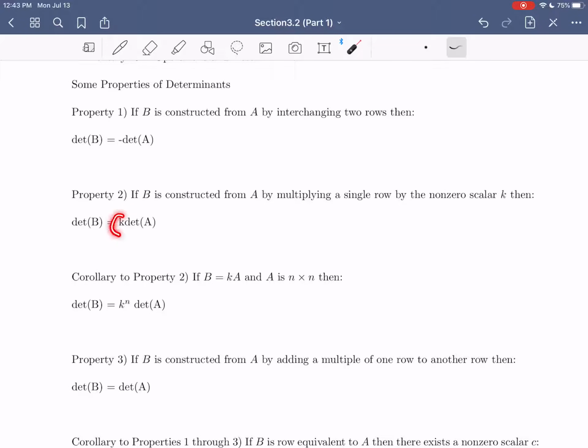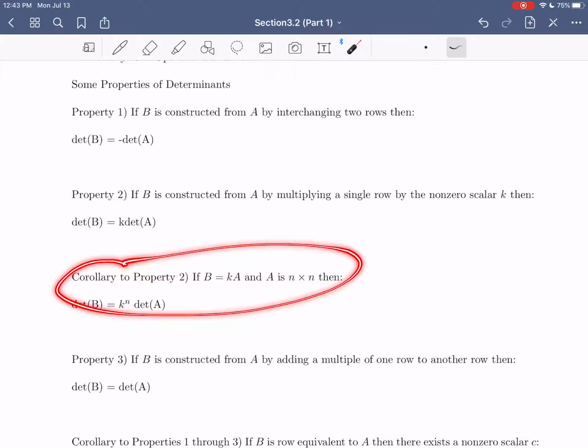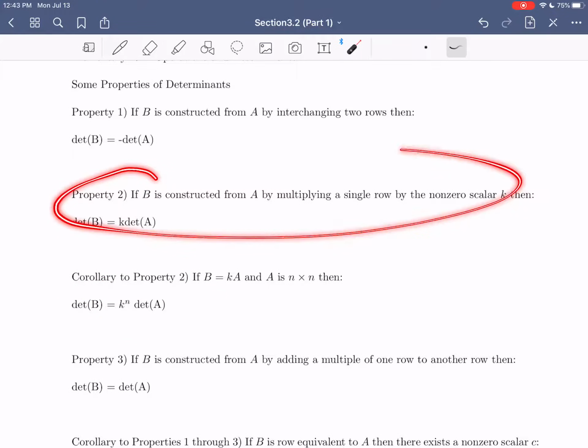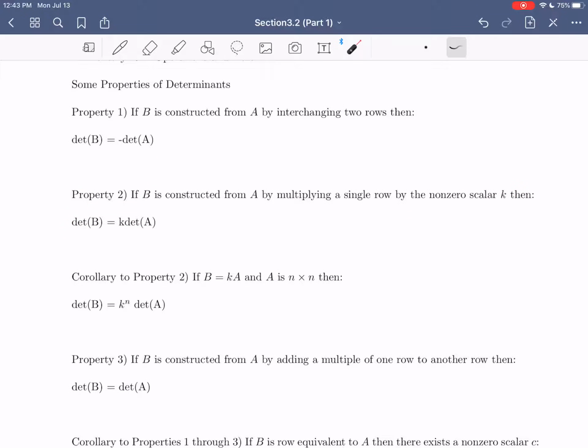In other words, this factor of k happens n times. So the corollary says that if matrix B is k times matrix A, then the determinant of B is k to the n times the determinant of A. All that is applying property 2 for each individual row, and since we assume that A is n by n, that's n rows, n factors of k.